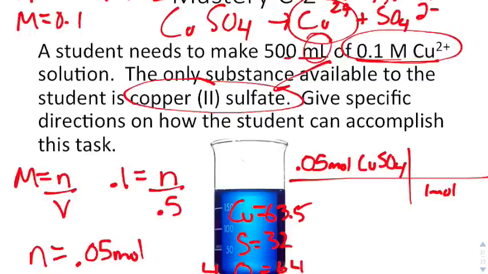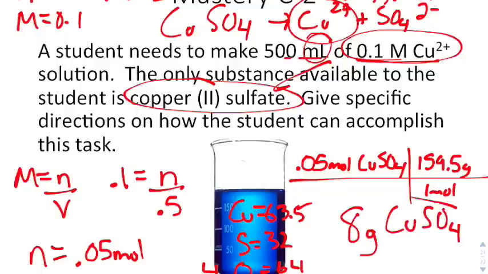Whenever you add those up, 63.5 plus 32 plus 64 gives you 159.5 grams. Multiply that by 0.05 and you get about 7. We only have 1 significant figure here, so that ends up being 8 grams.